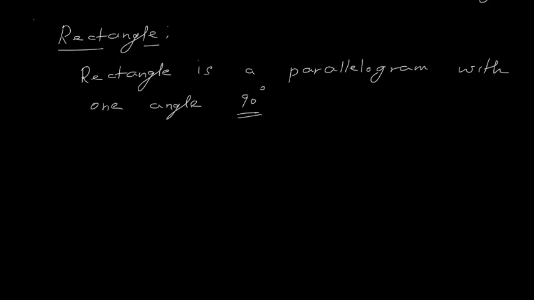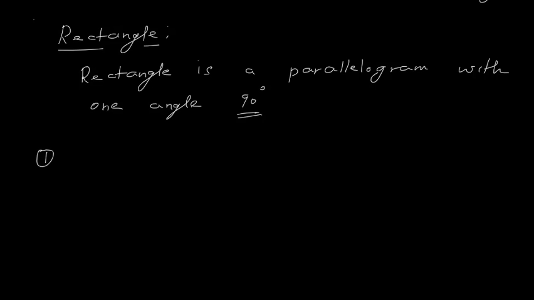Now here, rectangle will satisfy all the properties of parallelogram. So whatever properties we have seen in parallelogram, all the properties are also valid for rectangle. Apart from that, there are a few more properties that we will consider true in case of rectangle.